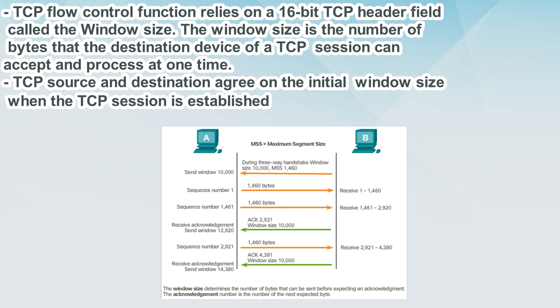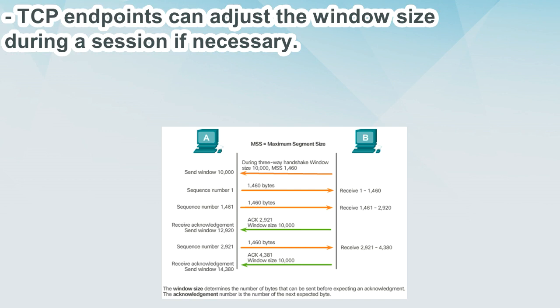The window size is the number of bytes that the destination device of a TCP session can accept and process at one time. TCP source and destination agree on the initial window size when the TCP session is established. TCP endpoints can adjust the window size during a session if necessary.